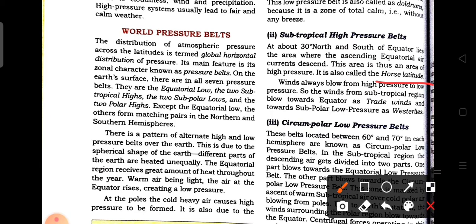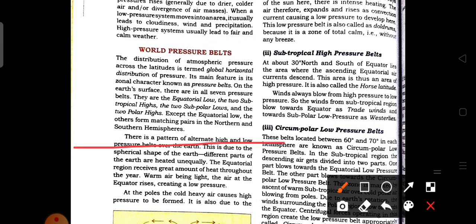The wind always blows from high pressure to low pressure. So the wind from the subtropical region blows towards the equator. In the equatorial region prevails the low pressure, and that's why from the two subtropical areas, north and south, the air moves to the equatorial region.